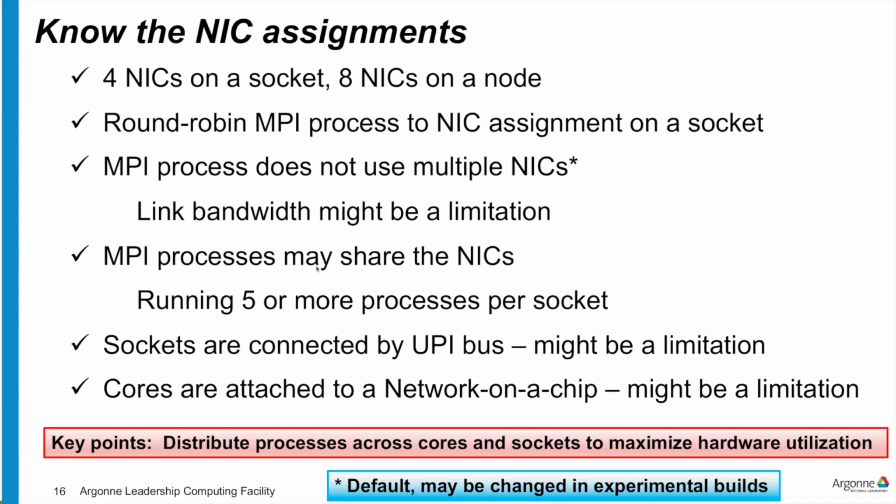Of course, there are other considerations in addition to just NICs and MPI processes. We have GPUs, we have memories. All these are factors for optimal performance. As we already know, the sockets are connected by the UPI bus, and there are ways of moving data between the sockets using this facility. However, the UPI bus is fairly limited in bandwidth and may not necessarily be a performance improvement for your application.